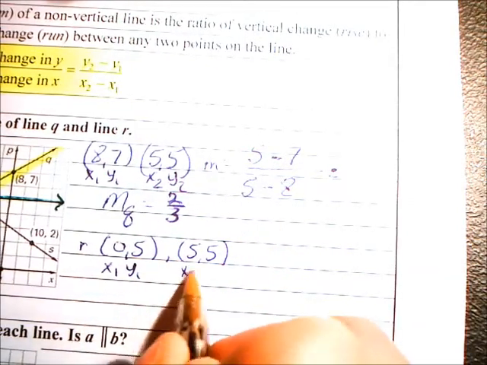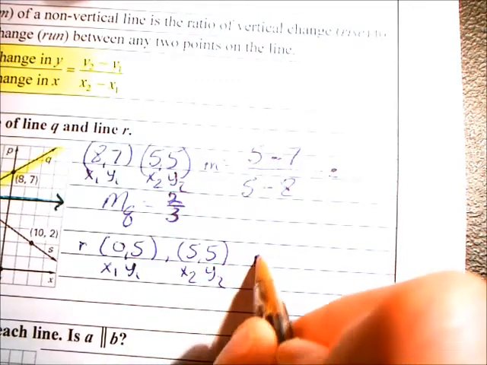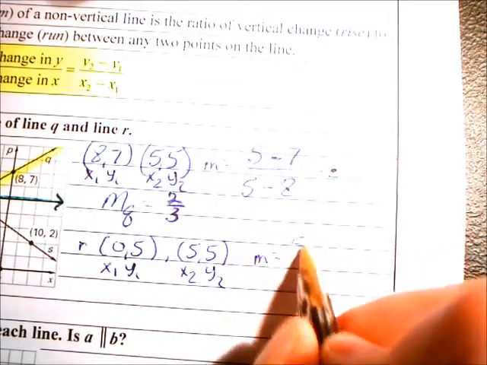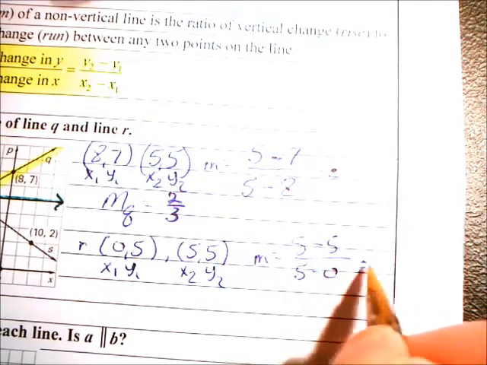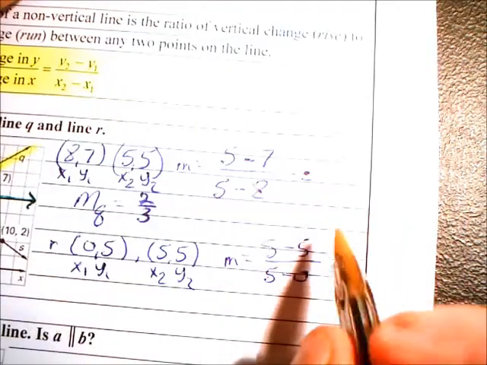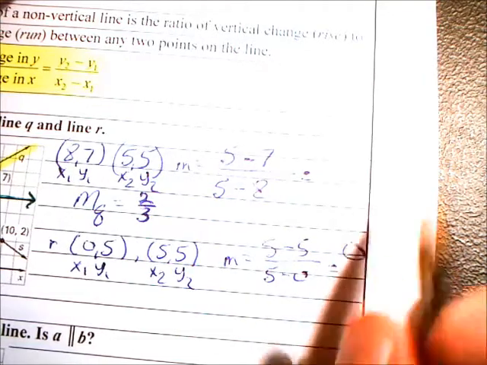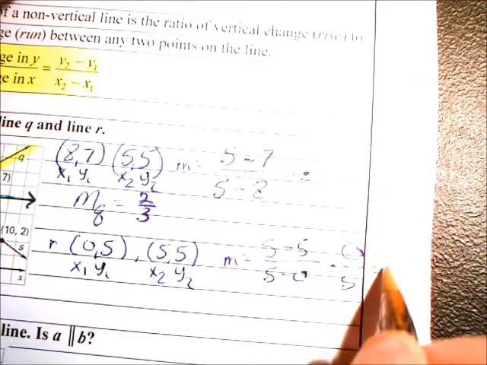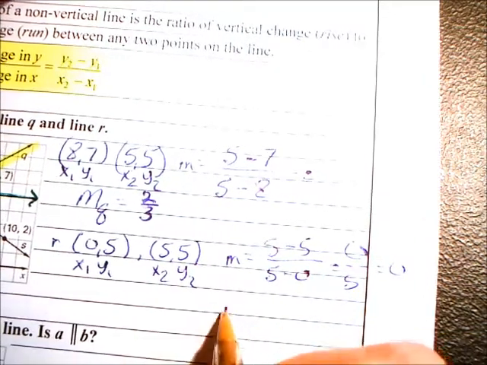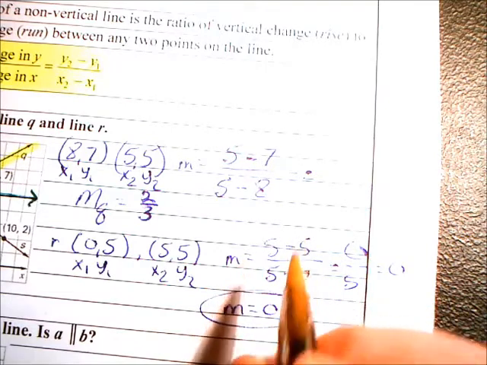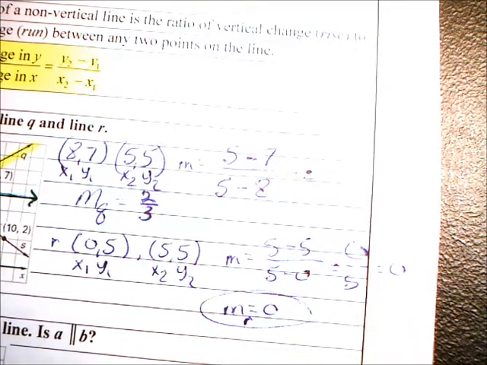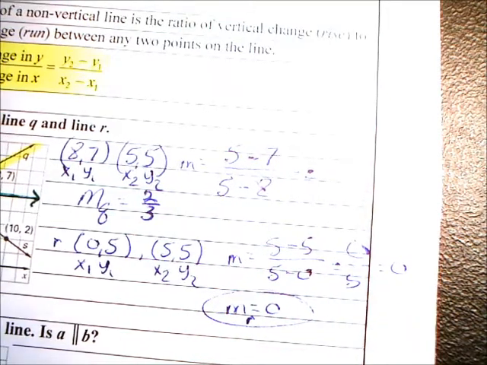My slope will be 5 minus 5 over 5 minus 0. 5 minus 5 is 0 over 5, which is the same thing as 0. So the slope of a horizontal line is 0. The slope of R is 0.